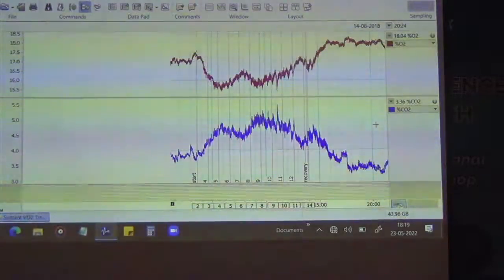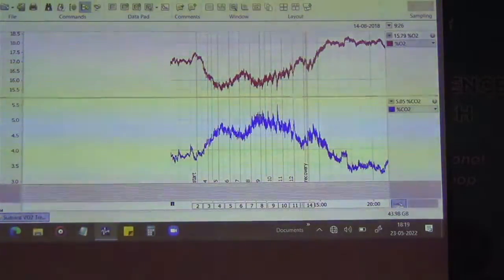See this? It is something like a mirror image. The first channel is O2, the second is CO2. So you can see it will have exactly a mirror image, but at the time where the aerobic threshold is reached, you can see there is a change.